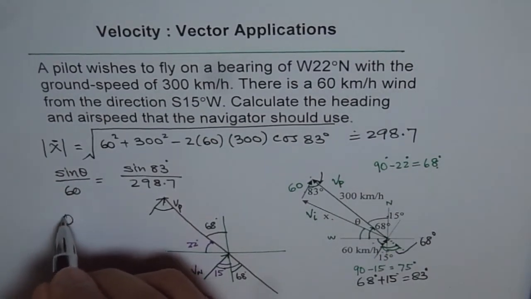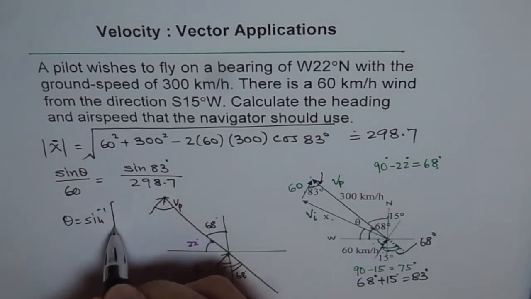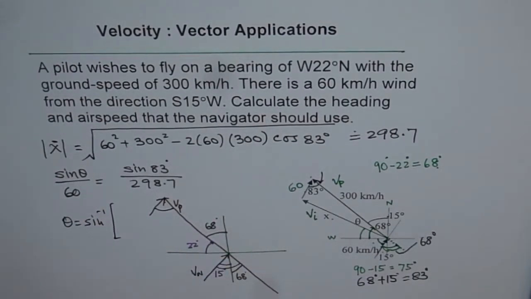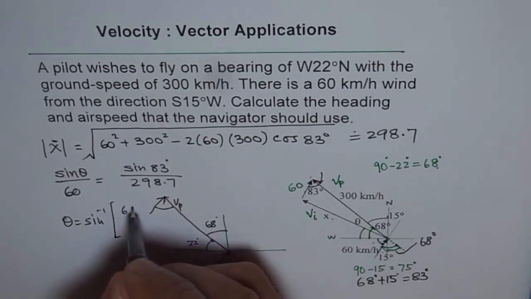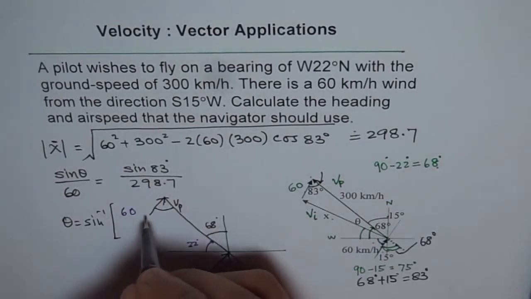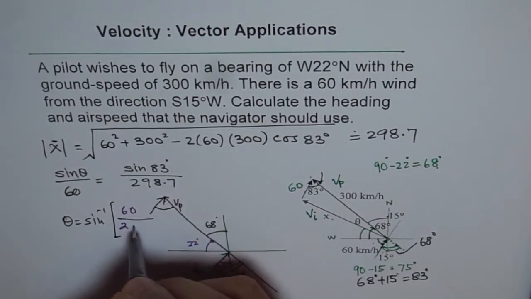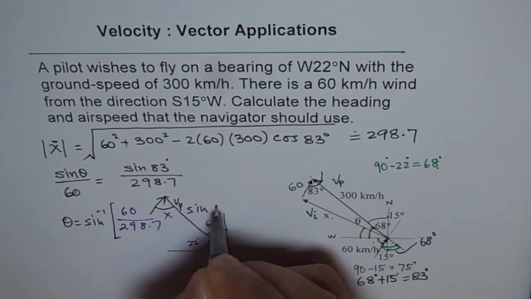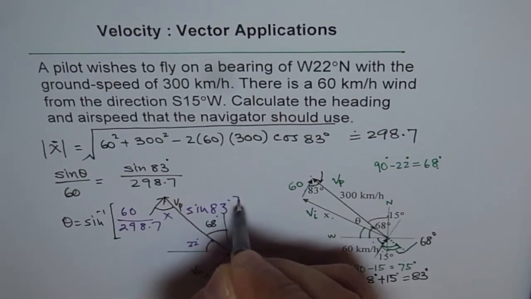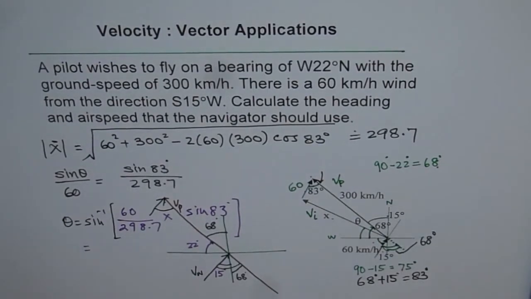Now from here we can find what theta is. So theta is equal to sine inverse of 60 times sine of 83 over 298.7, correct? And then we can use a calculator to calculate this value.